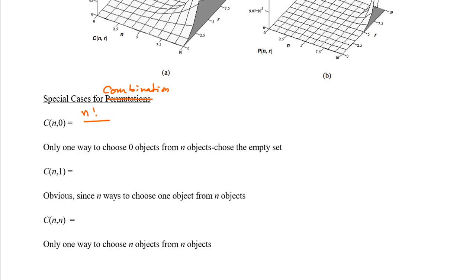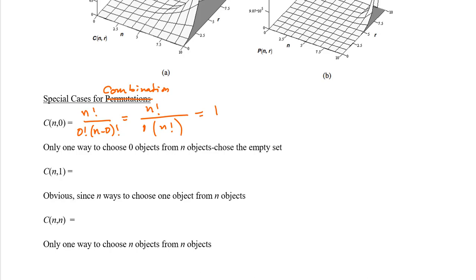So n factorial divided by 0 factorial times n minus 0 factorial. As we've said before, 0 factorial is 1, times n minus 0 is just n factorial. So n factorial divided by n factorial will give us 1. There is only one way to choose 0 objects from n objects, which is we choose the empty set, and that's what we have in here.